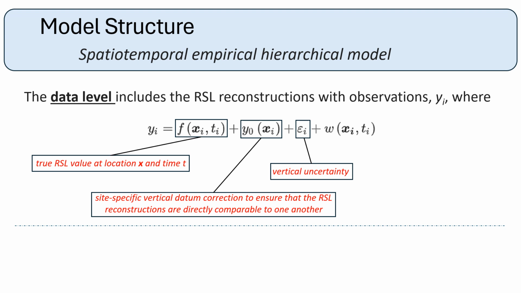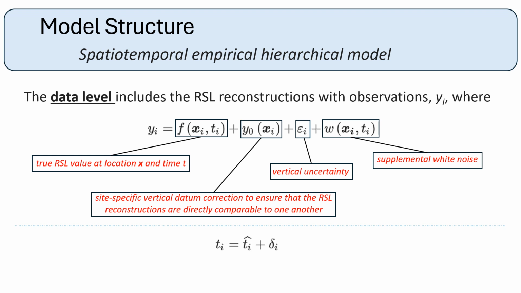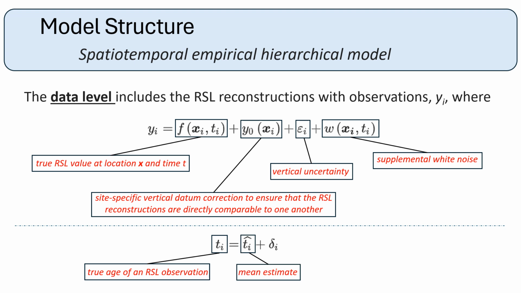We have the vertical uncertainty from our data, and then there's also the supplemental white noise term. That's the relative sea level information, and then we have the time incorporated as well, so that the true age of each relative sea level observation just equals the mean estimate plus its error.